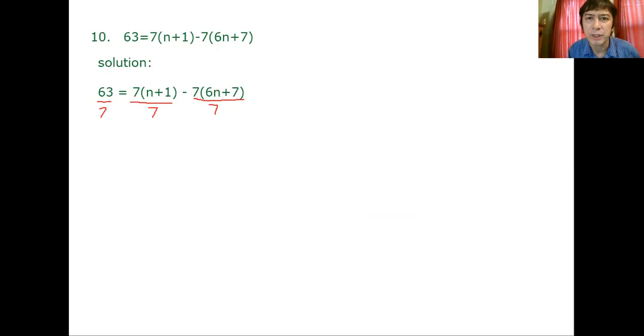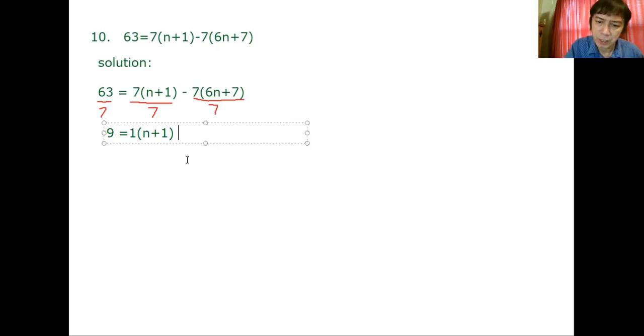We shall continue by using text. Now 63 by 7, that's 9. And this is equal to, 7 divided by 7 gives only 1. So this will be simplified to 1 times the quantity n plus 1. And this is again 7 divided by 7, that's another 1, but this is a minus.